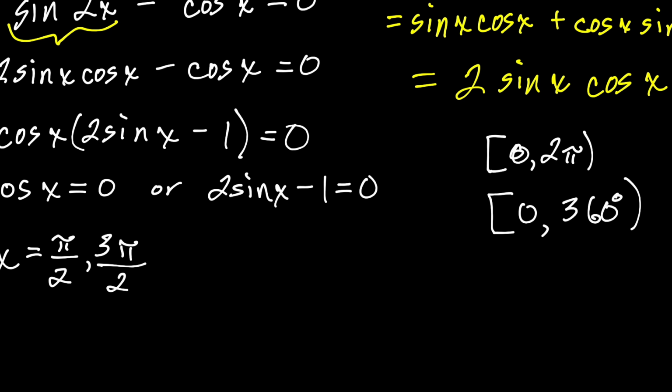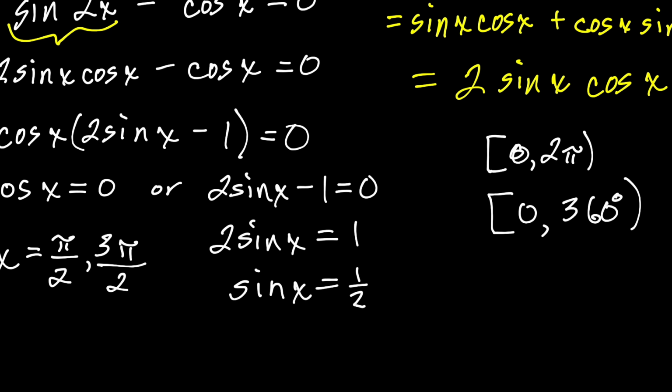All right, second piece of this equation is, let's say, 2 sine of x equals 1. Add the 1 on both sides. Divide each side by 2. So sine is 1/2. So what angle has a sine of a half?